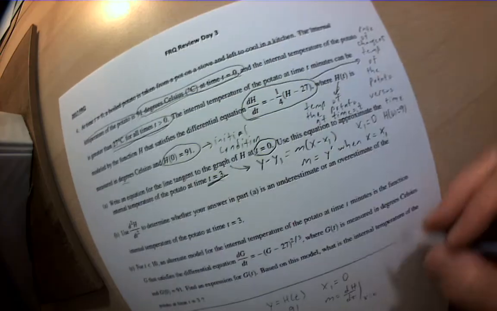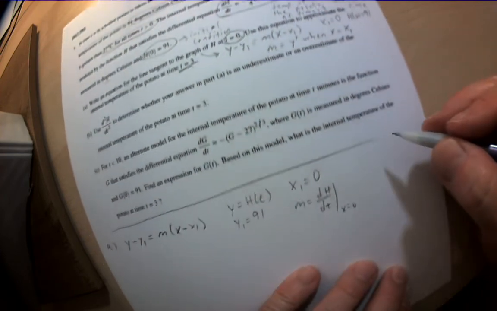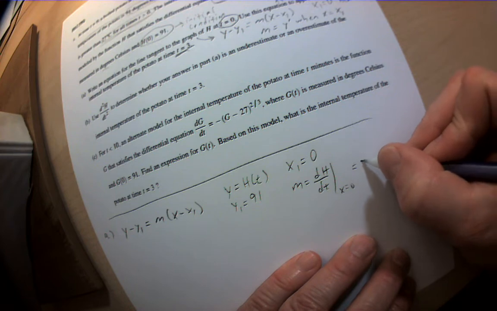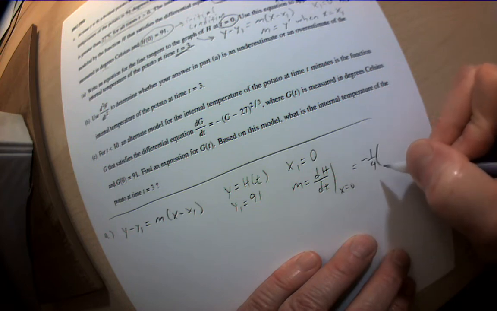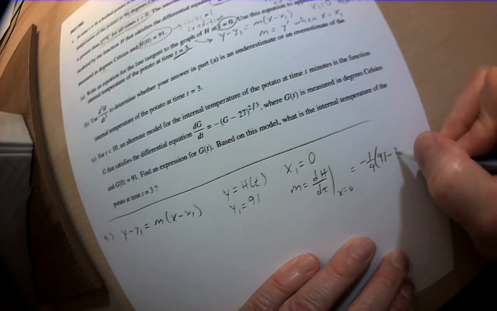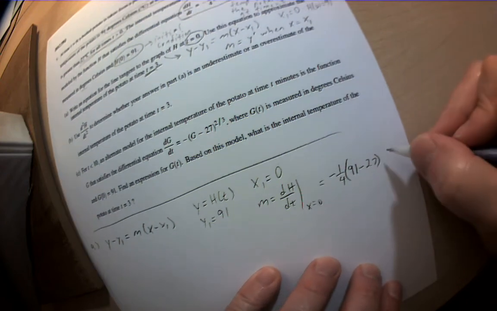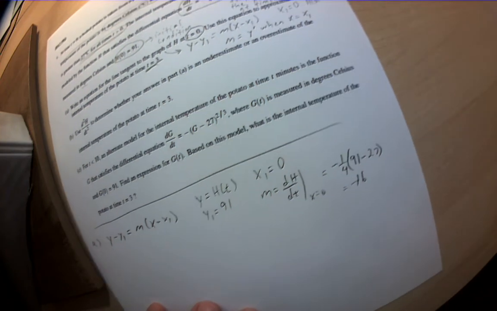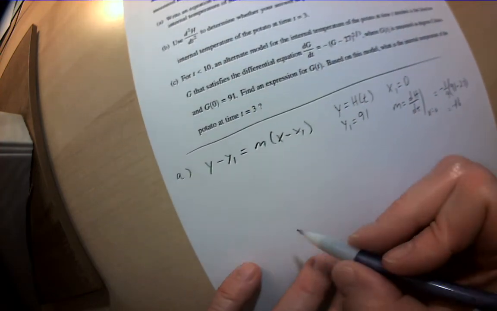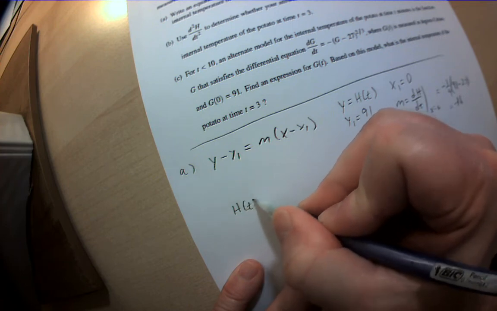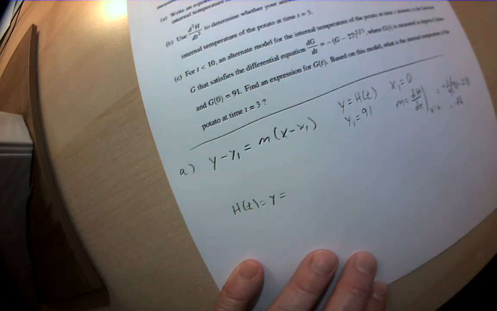If I plug it into the equation up here, I get that equals negative 1/4 times 91 minus 27, which equals negative 16. Okay? Negative 16.